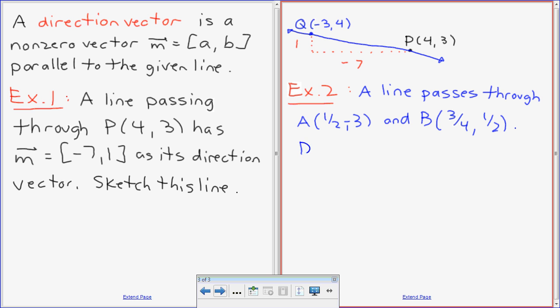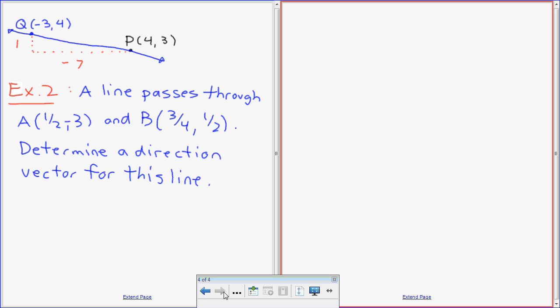Determine a direction vector for this line. Okay, you can sketch it if you want to, but I'm not going to. If I have points A and B, the way you're going to do this is we're just going to make a Cartesian vector out of it. So we're just going to say m is equal to AB.